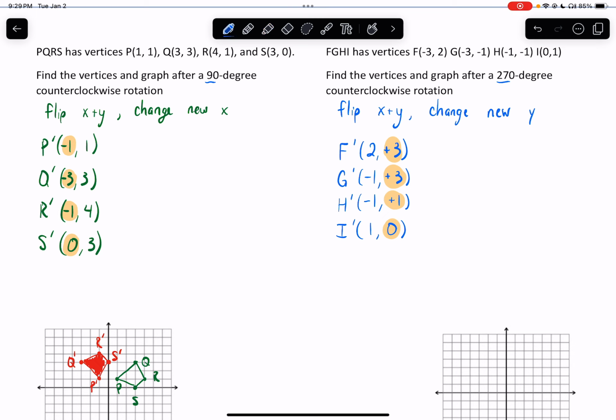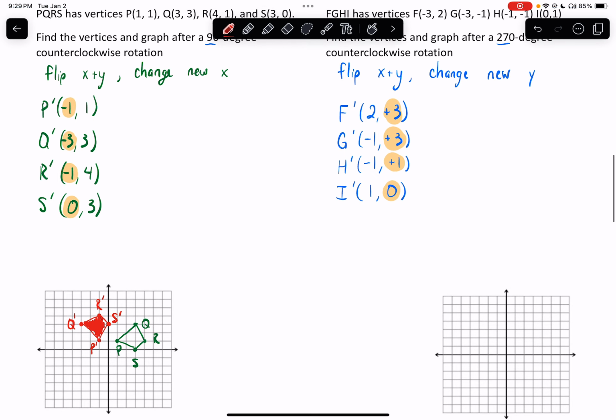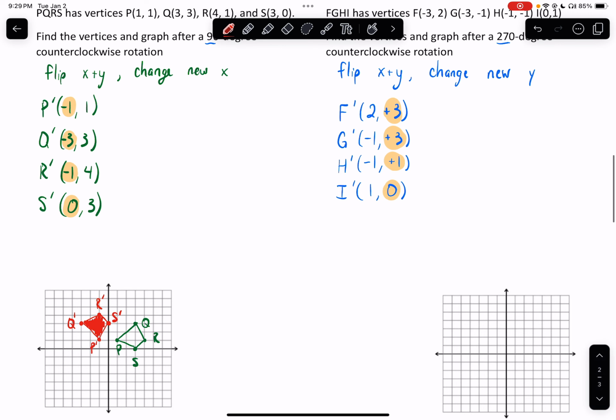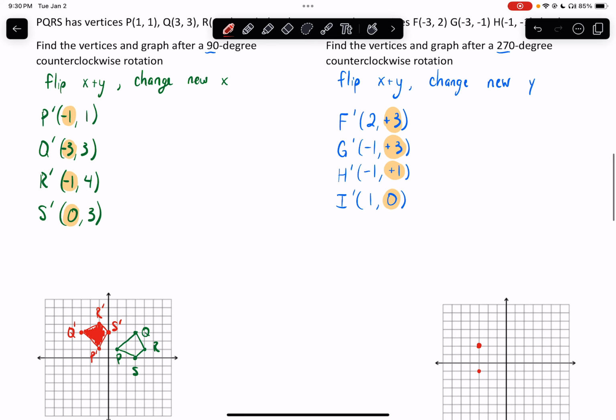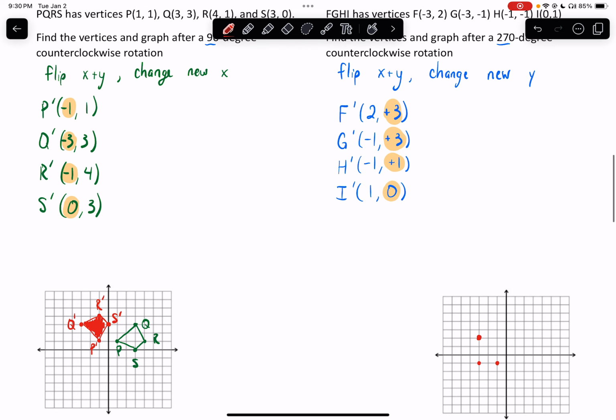So I can go ahead and plot. Oops, I should plot my pre-image first. My FGHI. So -3, 2, F, -3, -1. H is -1, -1, and 0, 1.